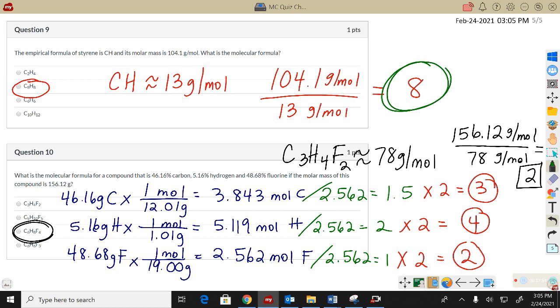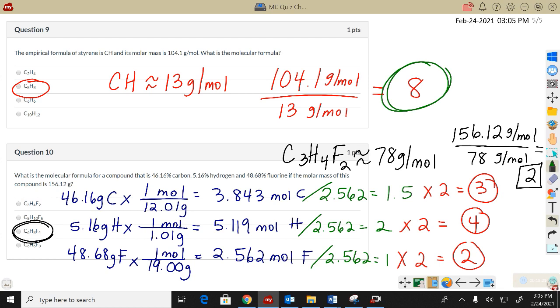So in green, that was my next step. Divide each by the smallest, and I got a ratio of 1.5 to 2 to 1. So to keep the integrity of that ratio, we have to multiply everybody by 2. I can't just multiply one of them. That would change the overall ratio. I have to multiply them all by 2.